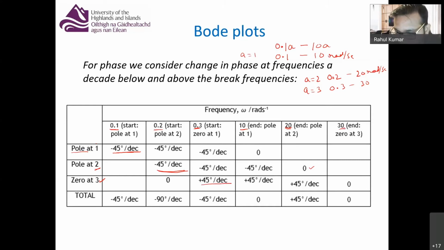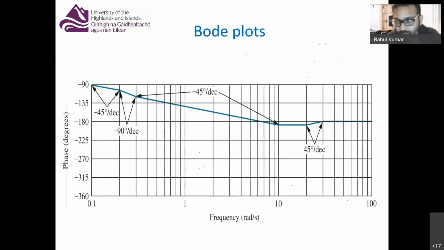At 30, it will become 0. And your entire phasor diagram will be a cumulative sum of these. I know it may sound a little complicated here. Let's have a look at the plot itself and try to understand all this.